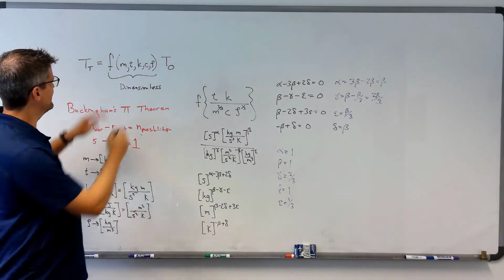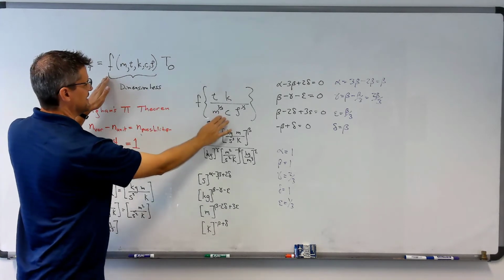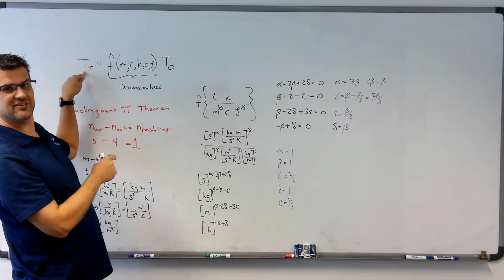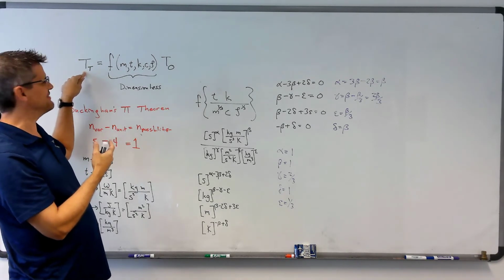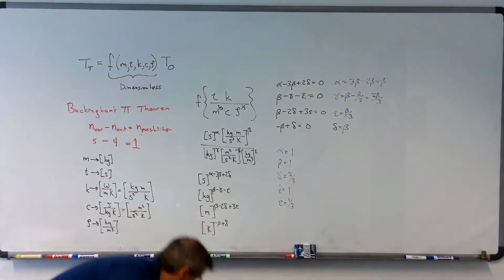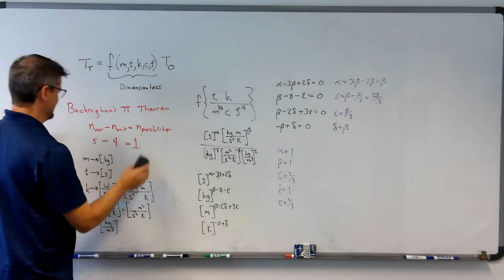So if this dimensionless function is constructed in this way, our internal turkey temperature is safe to eat given our basic oven temperature. Wow, that was a lot of stuff.